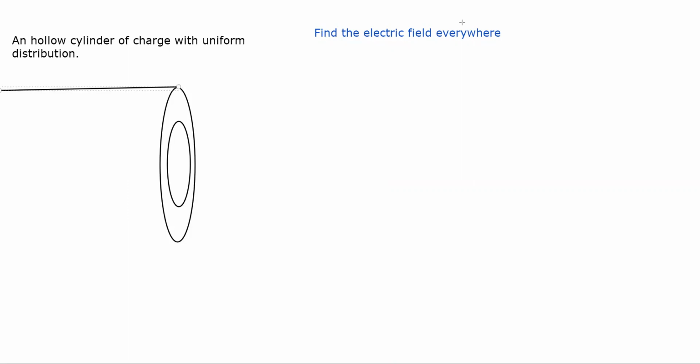I'm just going to say super long. Probably should have said that in the description. So a long, long hollow cylinder. We're going to take it to be infinitely long, otherwise we lose that symmetry.